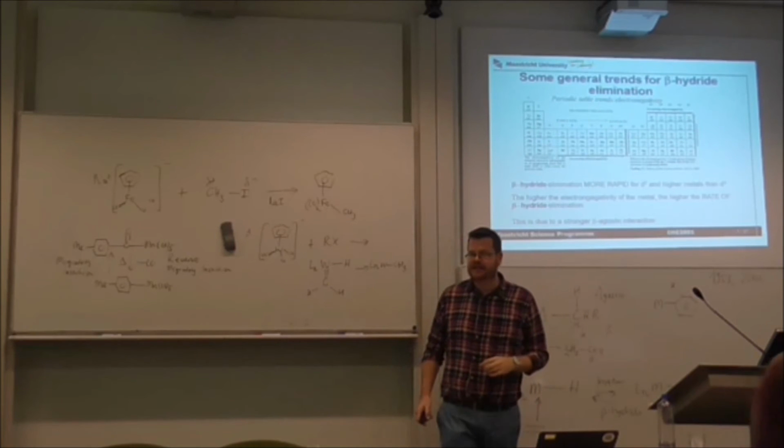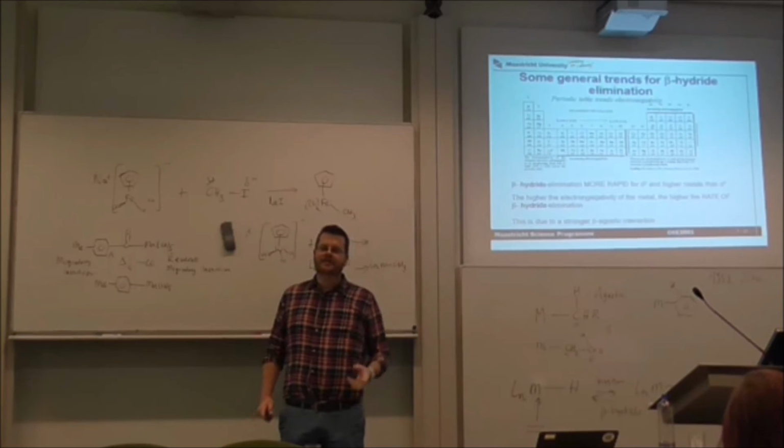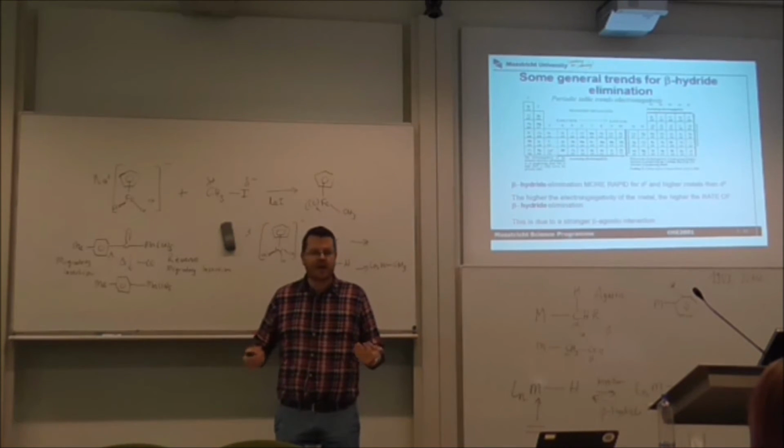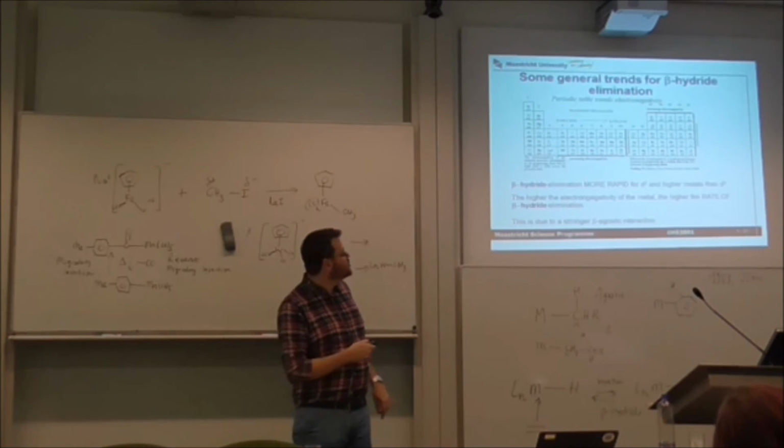And the reason for that is, obviously, if you increase the electronegativity of the metal, the agostic interaction, which is essentially the first step, if you will, of a beta hydride elimination, will also be increased, right? So that's the general trend.